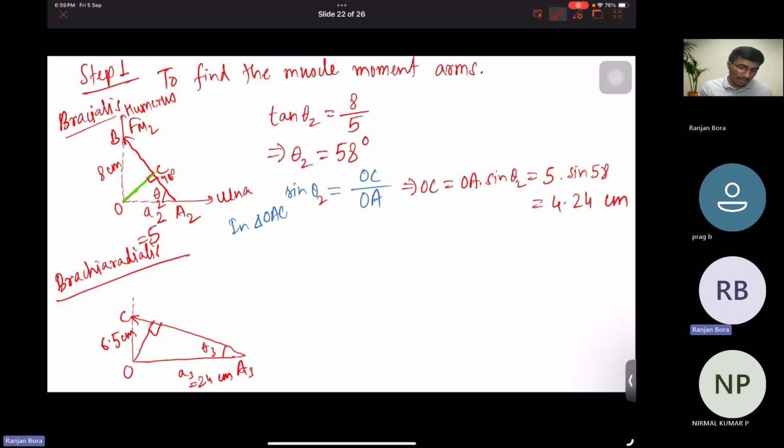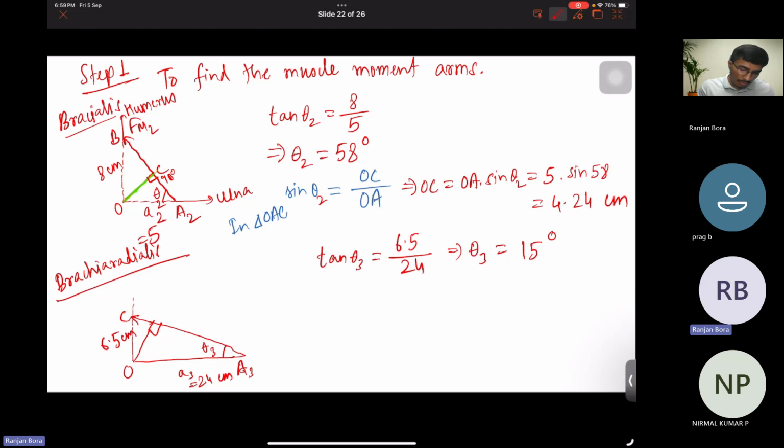First we need to find this angle theta 3. We'll use the same formula. Then tan theta 3 will be 6.5 divided by 24. Theta 3 will be 15 degree.